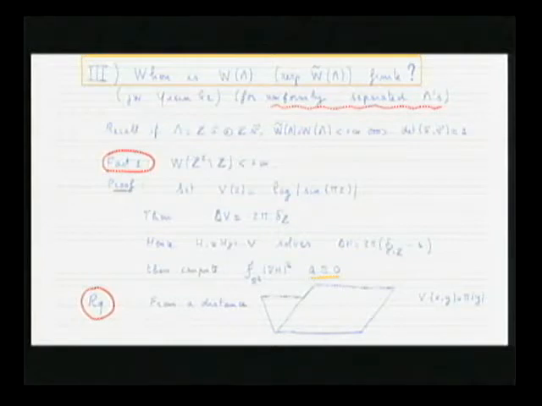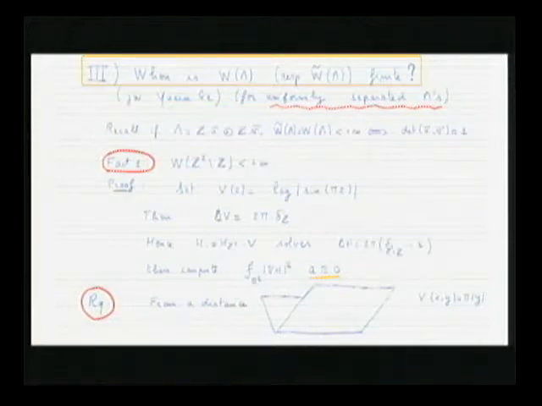Anyway, now I'm going to talk about results that we obtained recently with Yushin Ge. The question we ask is, when is W of lambda or W tilde of lambda, and we'll see it's not the same thing, when are these energies finite?